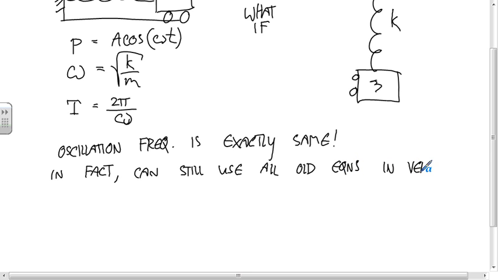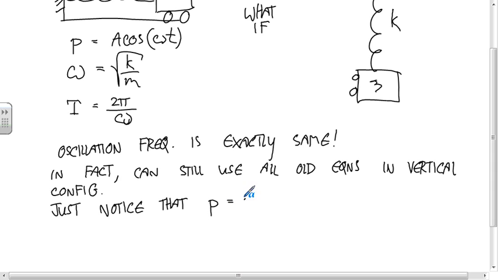In the vertical configuration, just notice that y equals 0 now represents the spring's hanging equilibrium position.